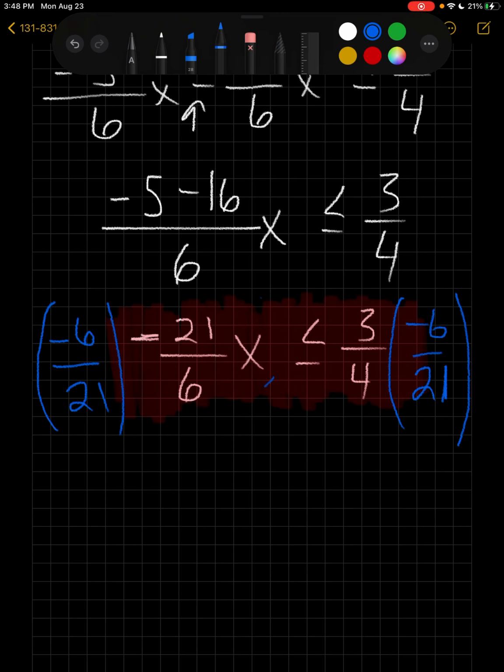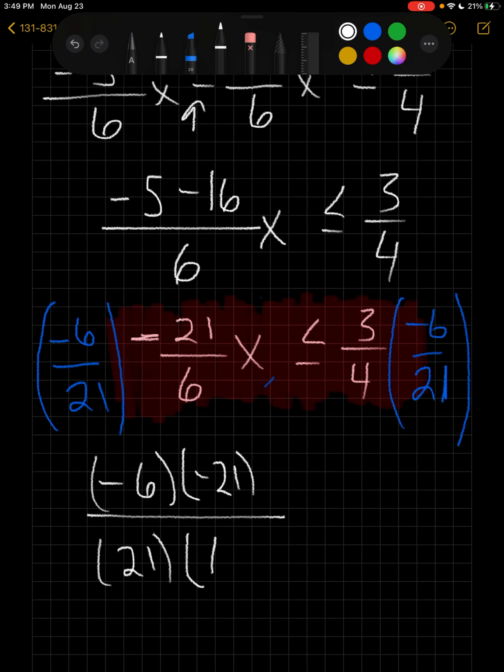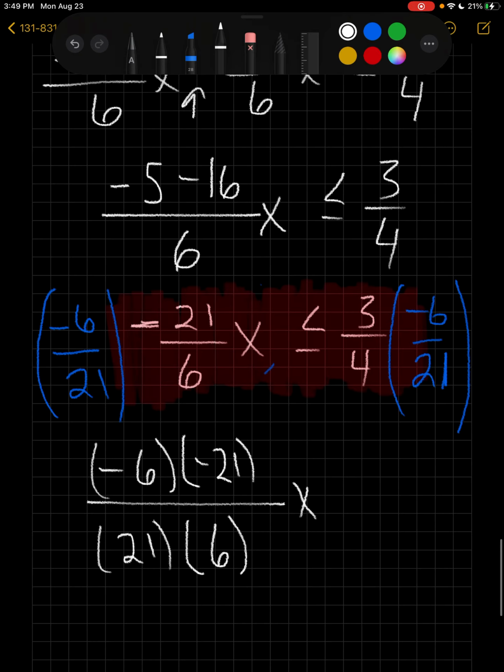So what happens now is I get negative 6 times negative 21 divided by 21 times 6x. And now I have 6 divided by 6, which gives me 1.